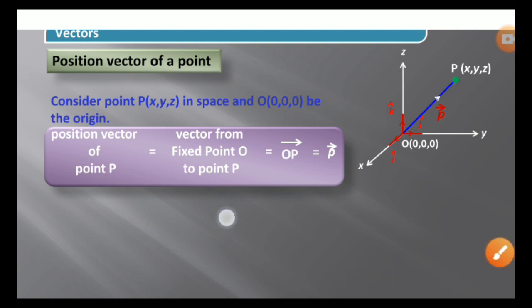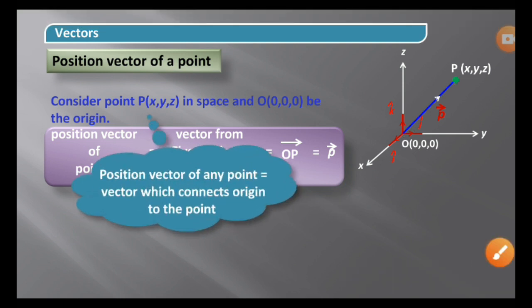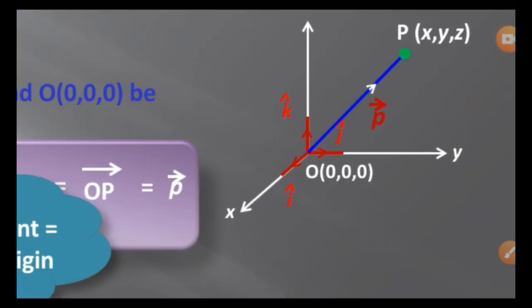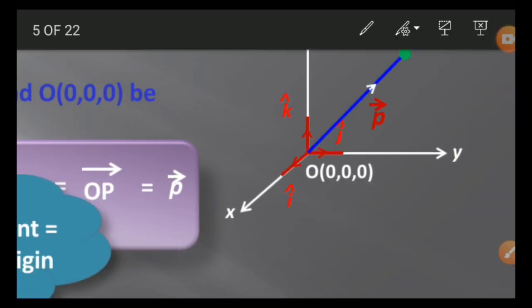So students, the position vector of any point is equal to the vector which connects the origin to the point.